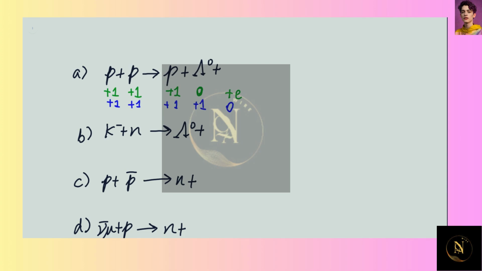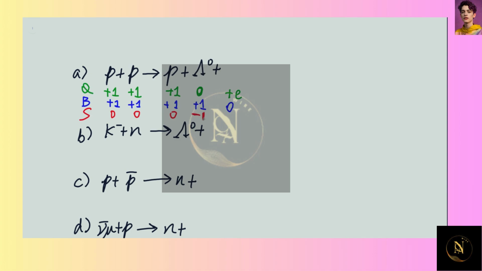And finally, we look at the strangeness. The strangeness of proton is 0. The strangeness of 0, 0, 0. This is strangeness. This is baryon number. This is electric charge. And the strangeness here is -1.